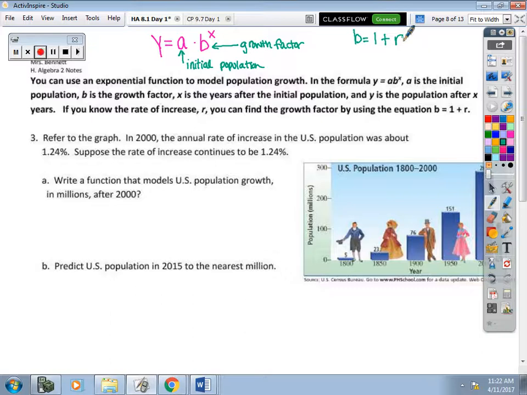It is 1 plus R. R is the rate of increase. And the reason that this formula exists is if I were to say something increased 5%, you would multiply by 0.05 and then you'd add it back because it's increasing. So by doing this, you'll actually be giving me the adding back part, so you don't have to do that. So it's like 100% plus whatever additional percent. Also maybe jot down that this needs to be as a decimal.